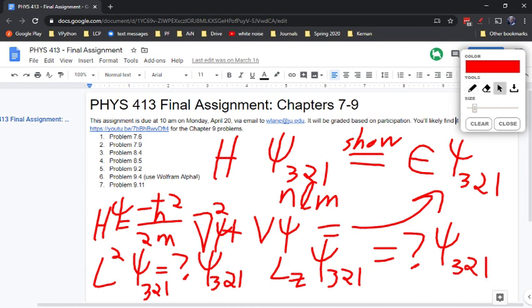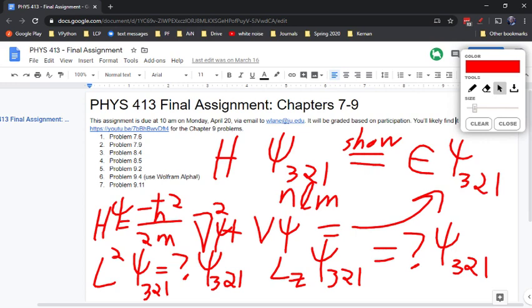The reason that we have an n, an l, and an m, and we don't just combine those together into one number, is because this thing is at the same time an eigenstate of the Hamiltonian, angular momentum magnitude, and angular momentum z component. It's an eigenstate of all three operators. That is not an easy order to fill, right?